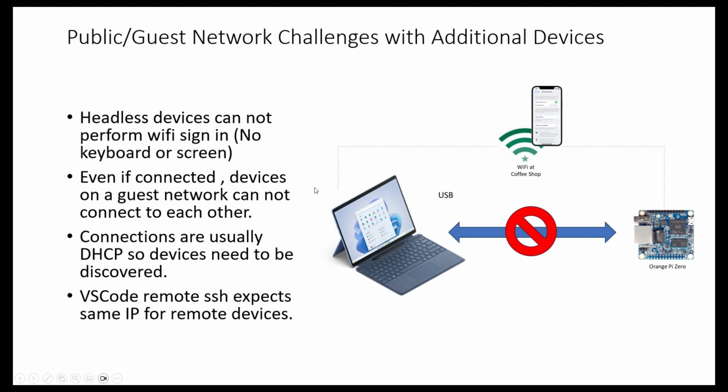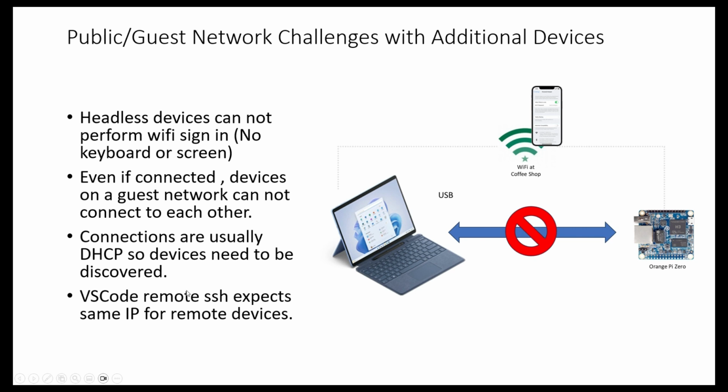Even if I could get connected, usually the connections to public networks are through DHCP, so they're assigned some random IP address in that subnet, and unless I have a way of scanning that subnet to find the address or know what the address of the device is, again, it can't be discovered.